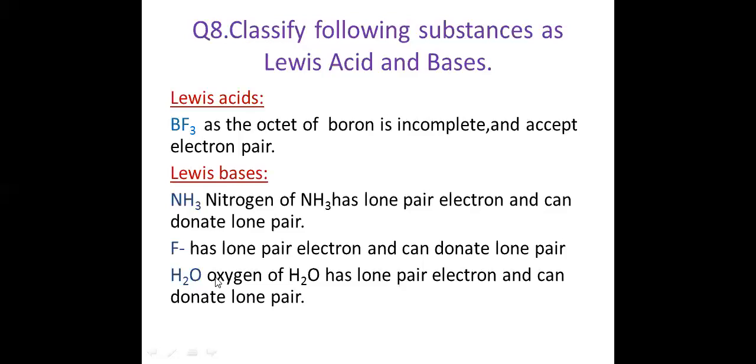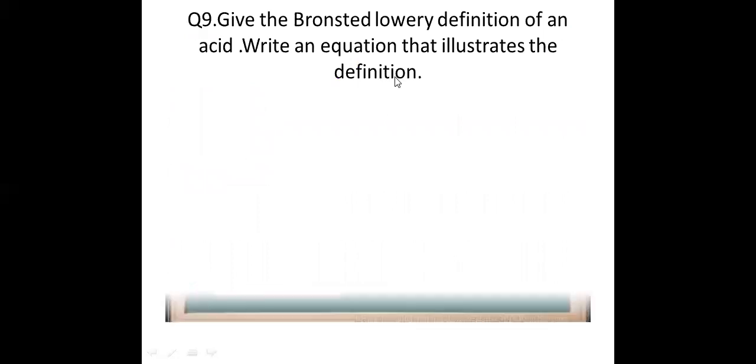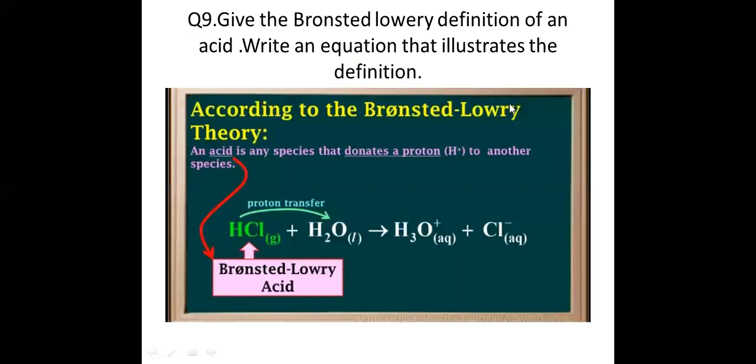Question number 9, give the Bronsted-Lowry definition of an acid. Write an equation that illustrates the definition. So according to the Bronsted-Lowry theory, an acid is any species that donates a proton to another species.